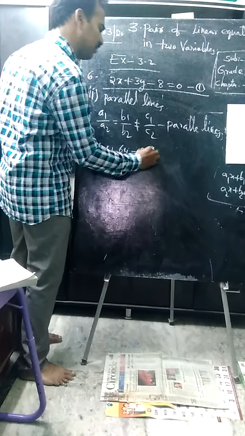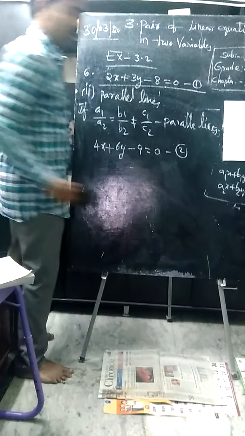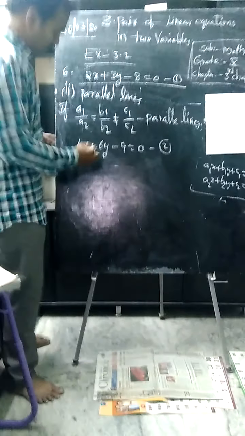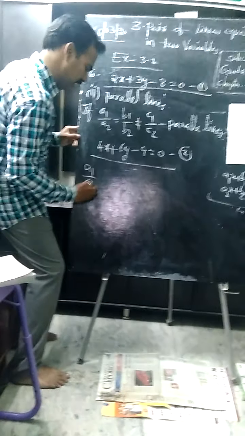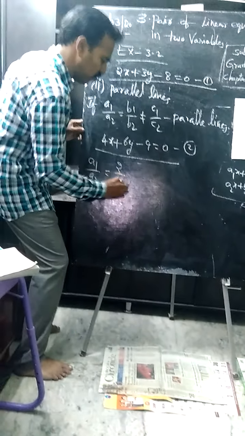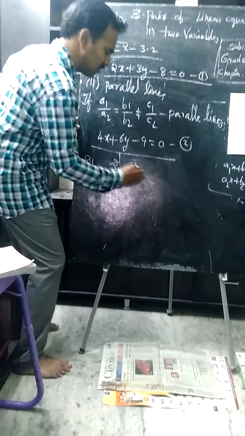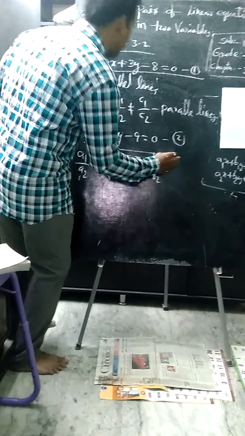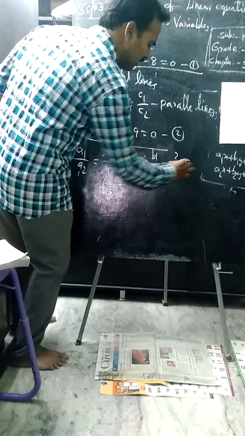Here I am taking minus 9 equal to 0. Is it wrong to assume my own equation? No. Now again with these two equations, find a1 by a2. How much? 2 by 4, which in standard form as we discussed is 1 by 2. The ratio b1 by b2 is 3 by 6.